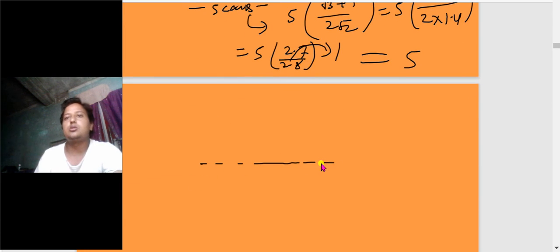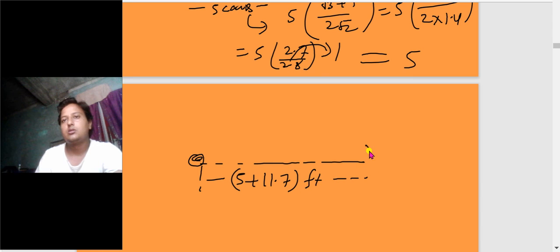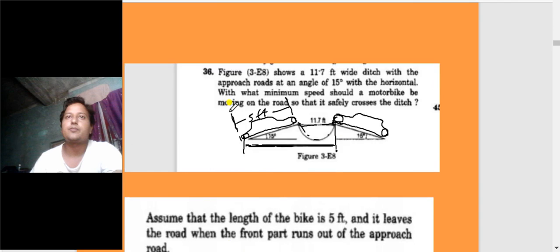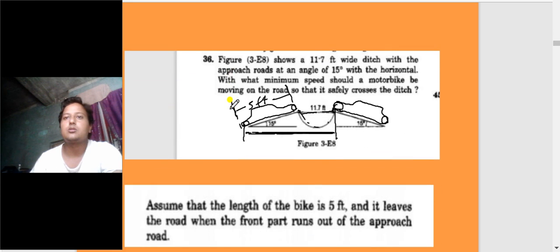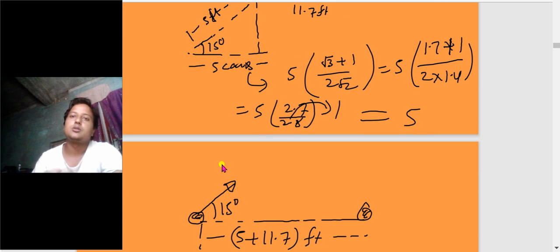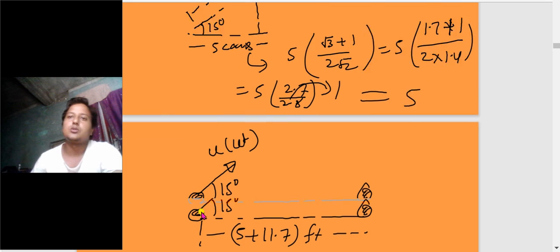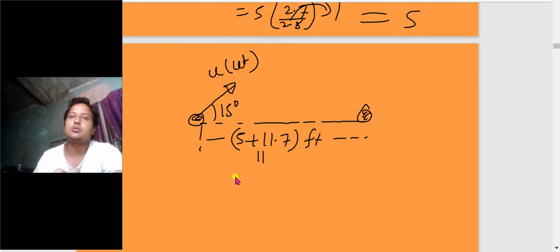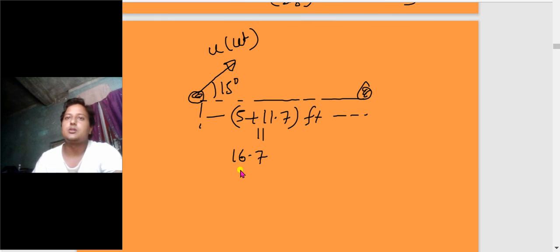So the horizontal total distance the car has to cover is 5 plus 11.7 feet. The angle is 15 degree and a speed is given. With what minimum speed should a motorbike be moving? We have to find a speed. Let the speed be u. So this equals 16.7 feet.